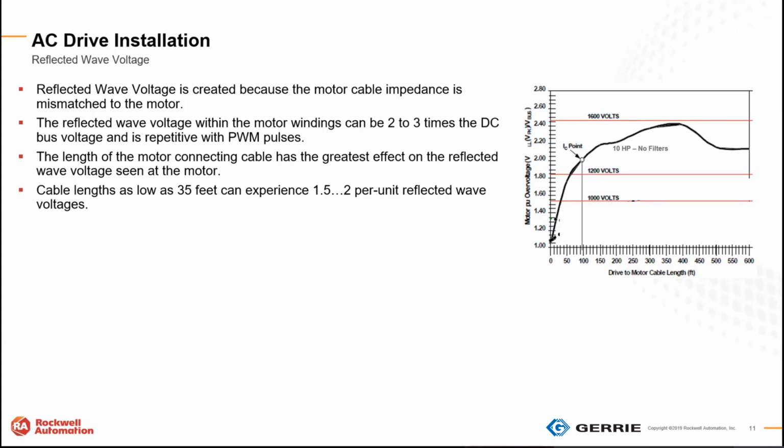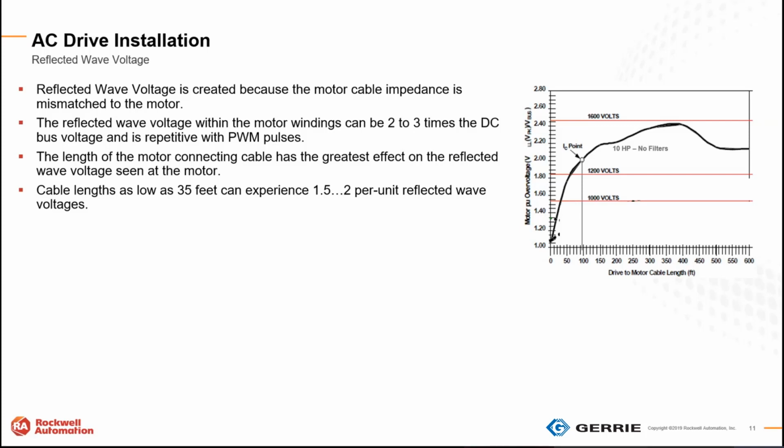So voltage reflections are 2 to 3 times DC bus voltage at the motor terminals and within the motor windings. The plot in the upper part of the screen shows that without filters, in this case, this 10 horsepower motor has a 2 per unit reflected wave voltage with less than 100 feet of cable.